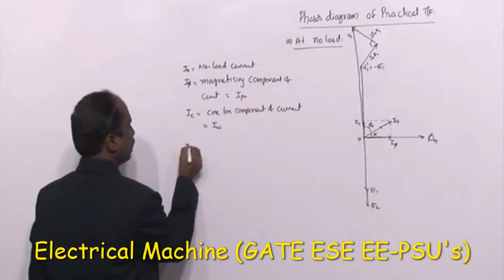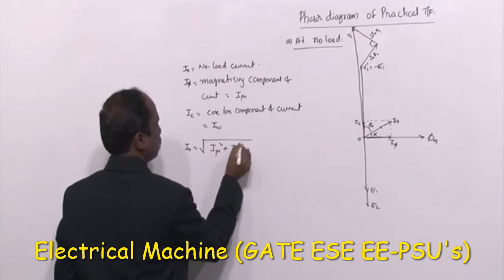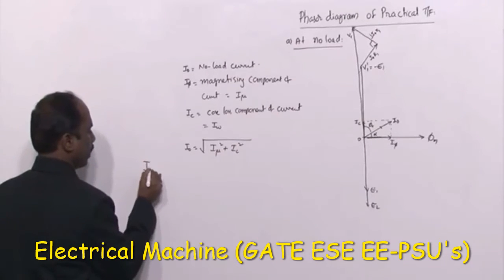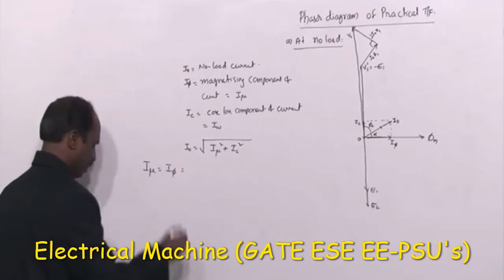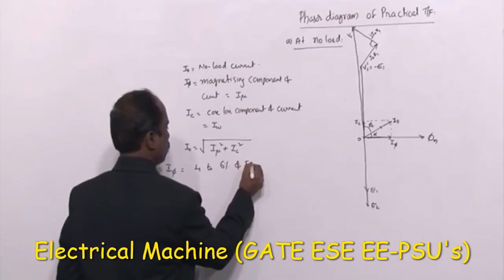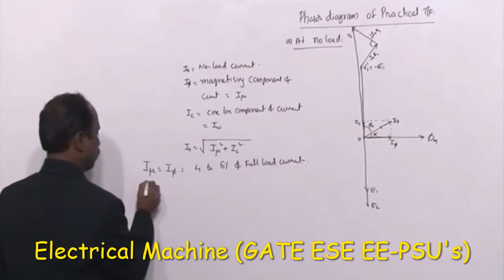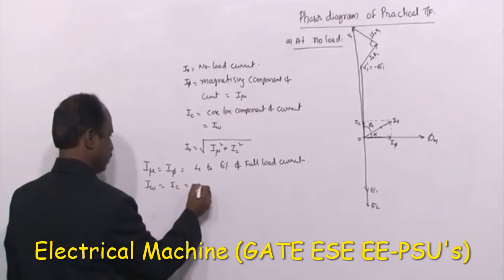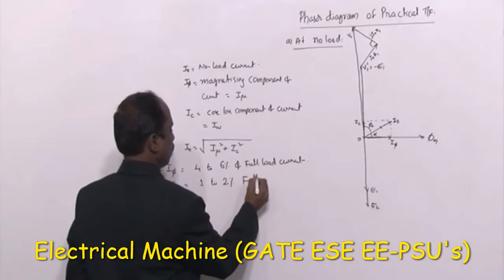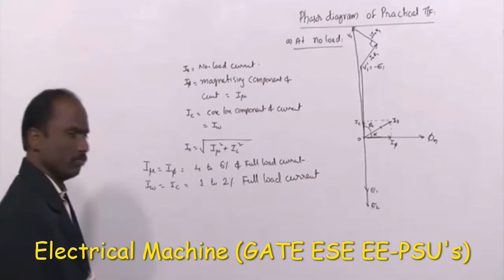What is I naught here? I naught is the square root of I mu square plus IC square. Here I mu, the magnetizing component of the current, which is also denoted with I phi, is about 4 to 6% of full load current. And the core loss component IW or IC is 1 to 2% of the full load current.